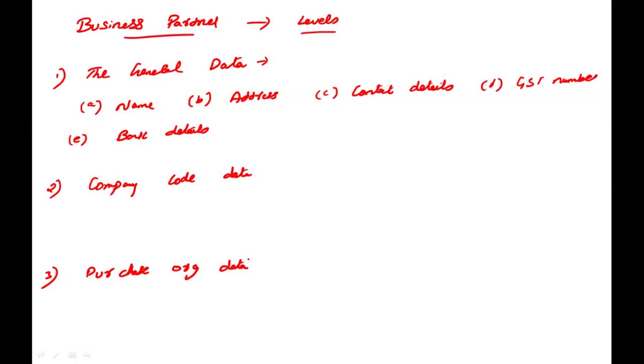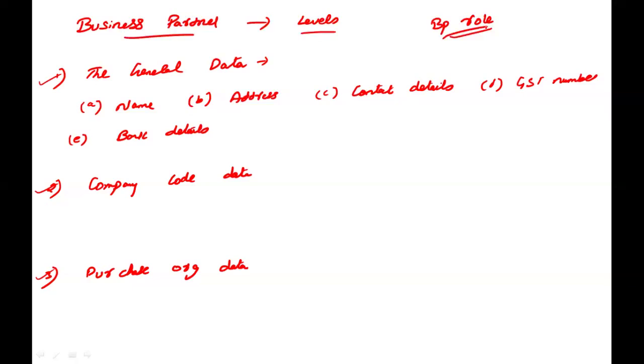So these all are called the BP role. Whenever you create a business partner and you want to convert that to a vendor or customer, the BP role is going to help you convert the business partner into vendor or customer. First, whenever you open a transaction to create a business partner, the system will by default give you the general data.